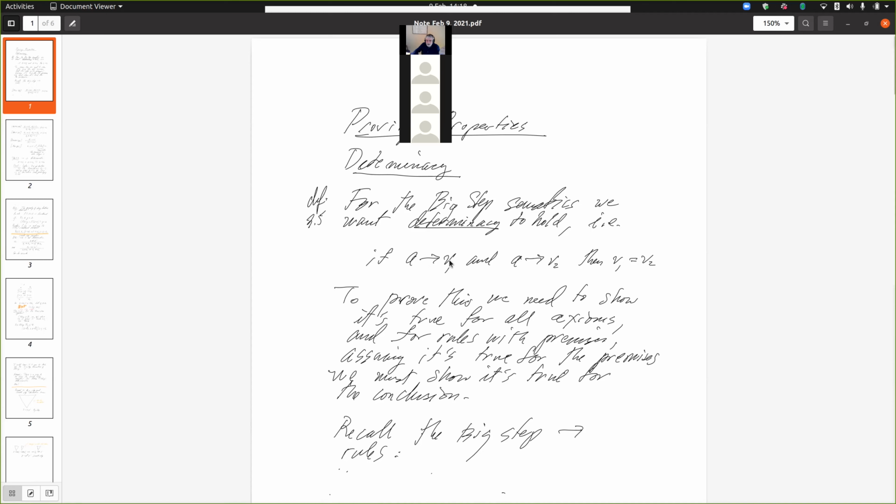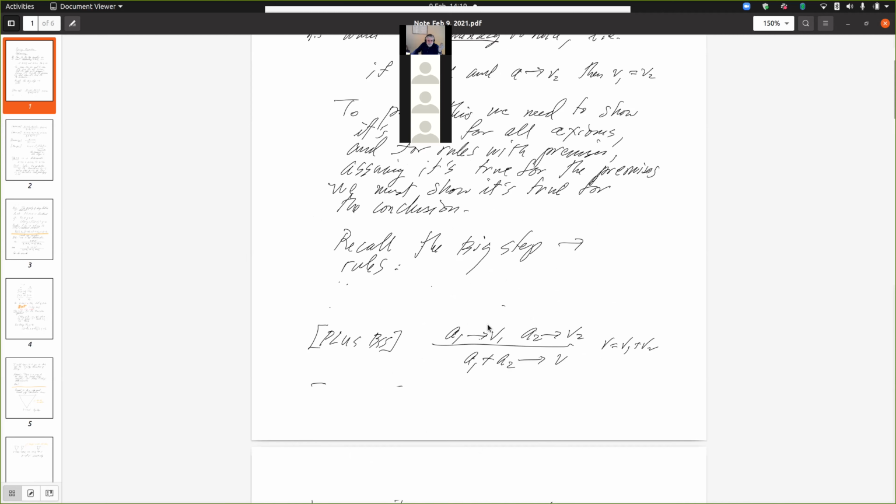It's that there's a derivation of that fact using the semantic rules. And so I can only claim A arrow V1 if I can find a derivation using the big step rules.